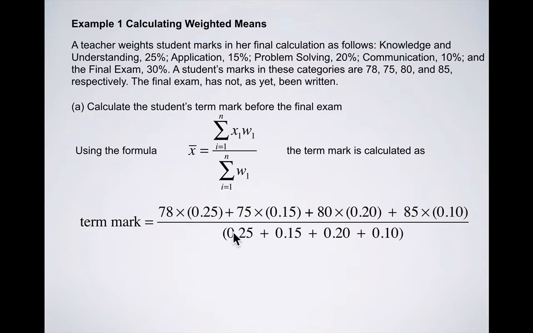So then what we divide by is the sum of the weights. And in this case, we get an answer of a term mark of 78.9.